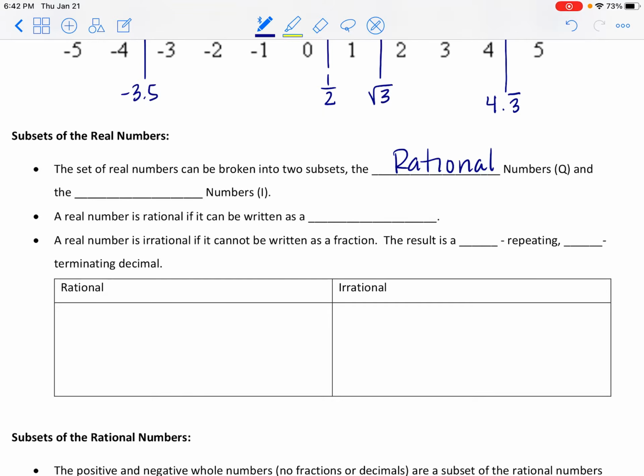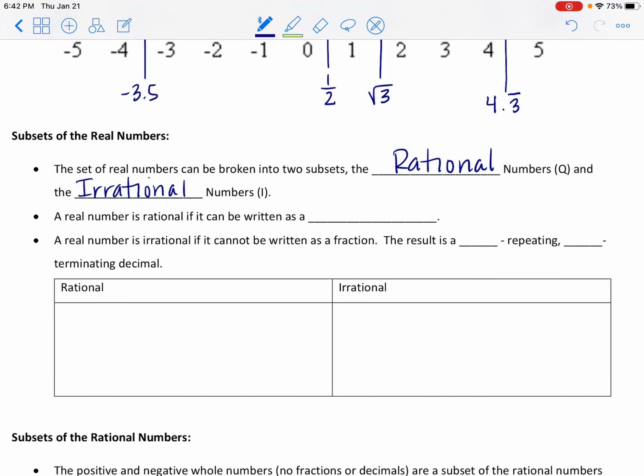Now there's an abbreviation for rational numbers. We can't use R again, so the powers that be said, let's use Q to identify the rational numbers. So if we want to abbreviate rationals, we'll call them Q. And again, the other subset we call the irrational numbers. So all of our reals are going to break into one of those two categories. All of our real numbers are either rational or irrational.